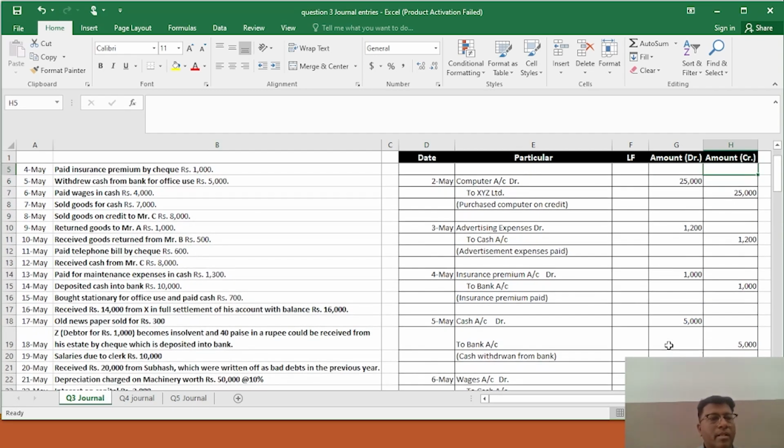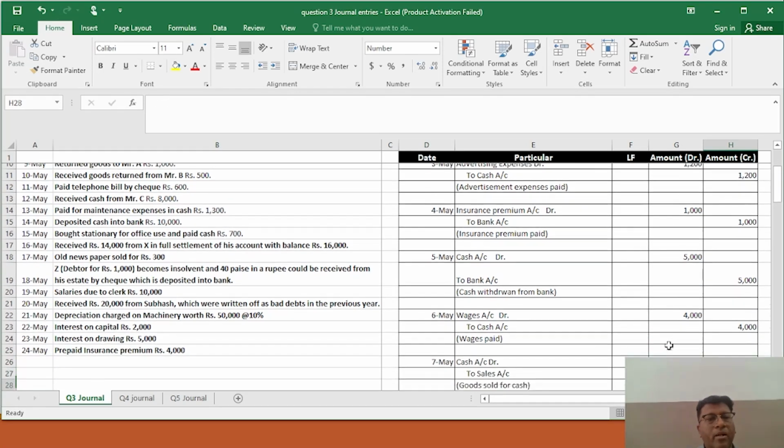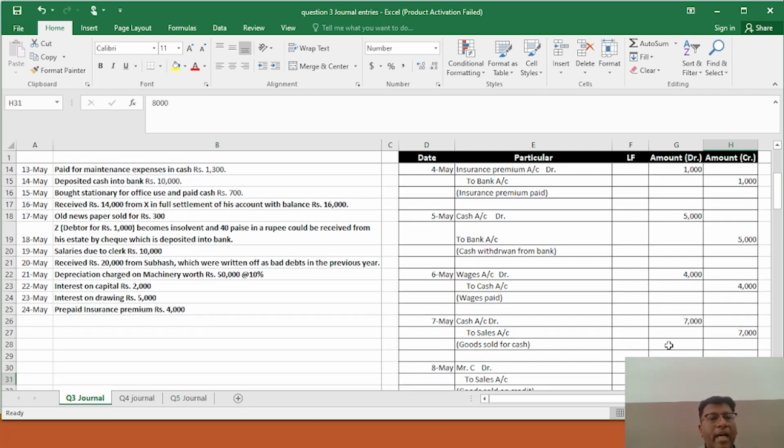And now what is the next transaction? Deposited cash into bank rupees 10,000. So bank balance is increased and cash balance is decreased in this transaction. So bank account debit, as per the accounting rules, as the receiver is the bank, so bank would be debit, and cash which is going out, what goes out is credited, right?